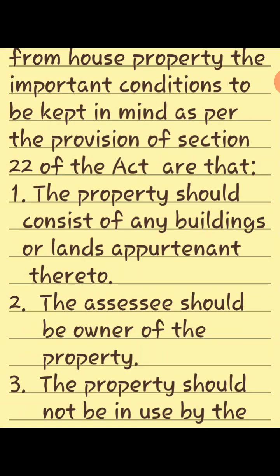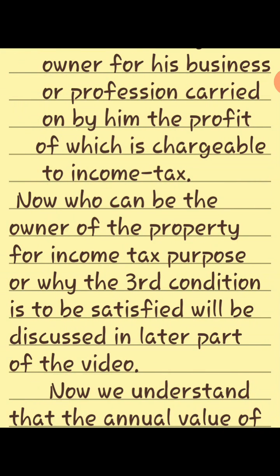The property should not be in use by the owner for his business or profession carried on by him, the profit of which is chargeable to income tax. Now, who can be the owner of the property for income tax purposes, or why the third condition is to be satisfied, will be discussed in the latter part of the video.